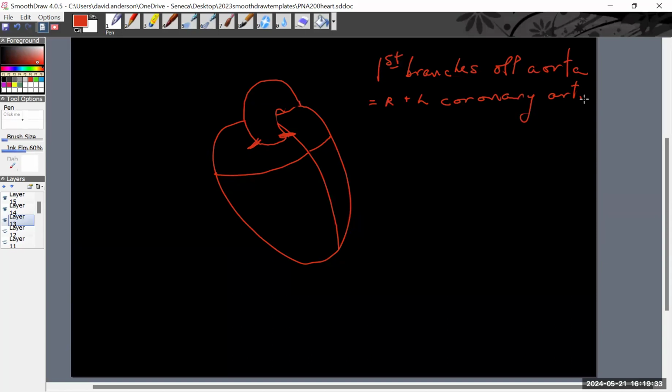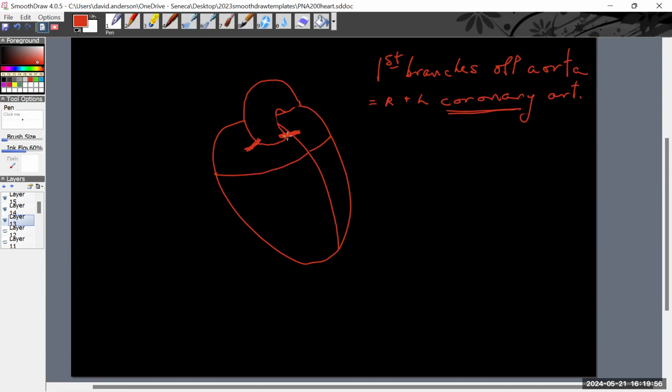The aorta and the first branches off are called arteries because they carry blood away. It so happens they fit the convention that they're carrying oxygenated blood, and in this case, they're carrying oxygenated blood to the heart. That's why they're called coronary arteries.